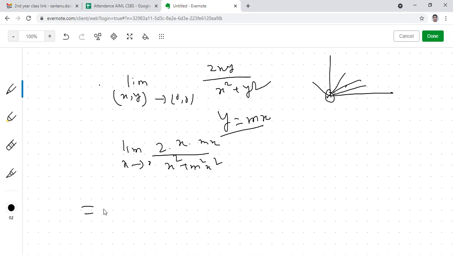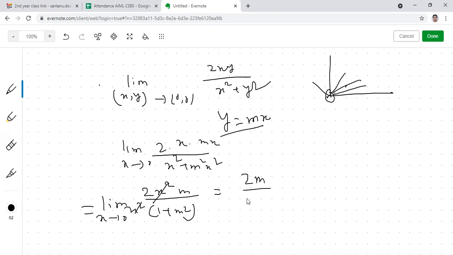Now this is limit x tends to 0 of x square m by x square into (1 plus m square). Since x tends to 0, x is not equal to 0, so we can eliminate x square. So this will be 2m by 1 plus m square. Now if you take the path y equals x, m is 1, so the limiting value will be 2. If you take the path y equals half x, the m will change, so the limiting value will also change.